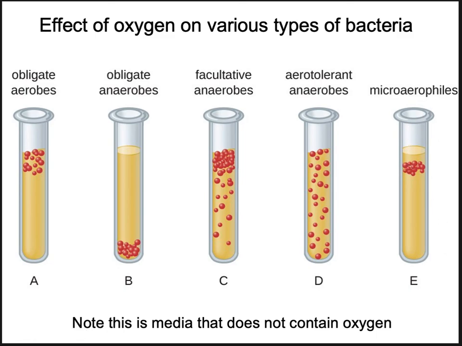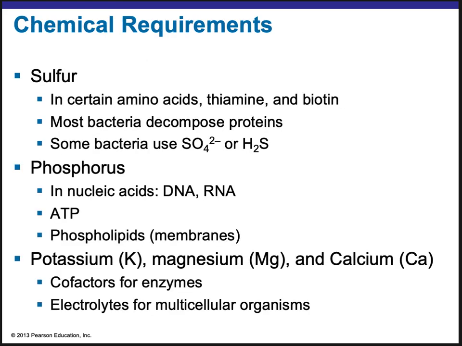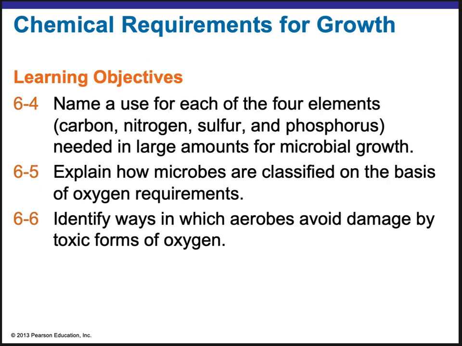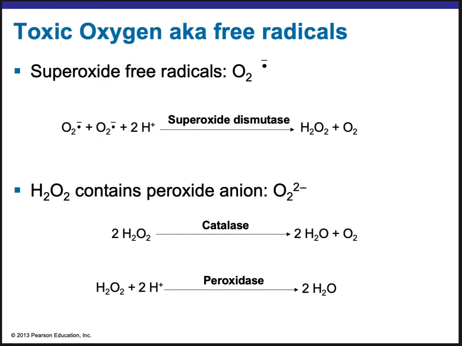All right, so this has been your overview of oxygen requirements. So we've still been talking about the chemical requirements for microbial growth, and all the other slides looked kind of like this, where we talked about carbon, right, nitrogen, sulfur, phosphorus, etc. And then we get to oxygen and it looks a little different.